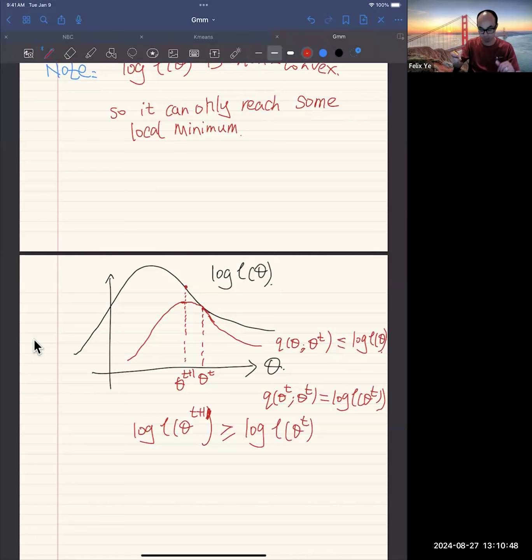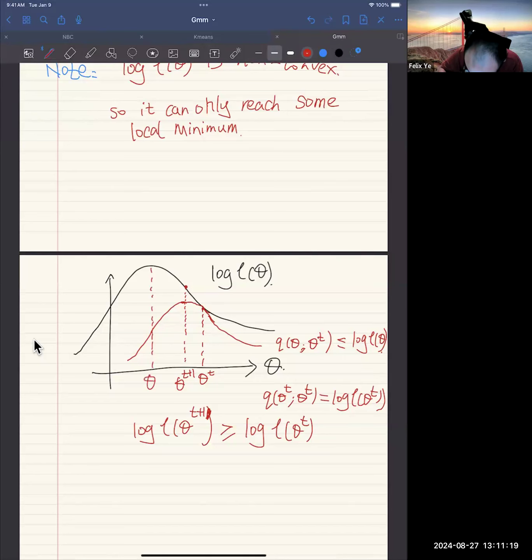So this gives a good idea why, and what the ELBO function looks like, and why this whole thing is always ascending. Of course, this is not the optimal theta here.